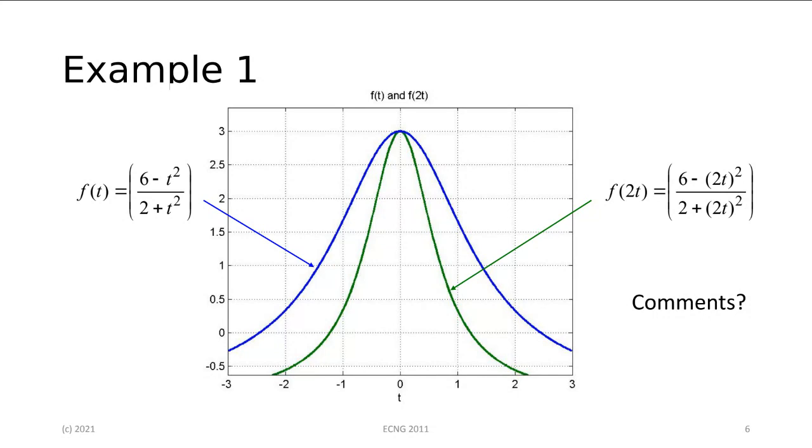Time-wise, what has happened? How much time does the signal occupy now? Technically, yes, it takes less time. Now it's running from this point to this point, from about -2 point something to +2 point something. Let's round it off, so approximately 4 time units, whatever that happens to be.